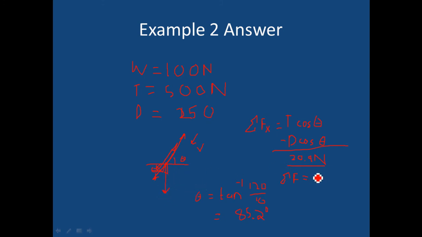So we would have positive T sine theta minus D sine theta and minus weight. So let's do 500 sine 85.2 minus D, which is 250 sine 85.2, and minus 100 newtons.